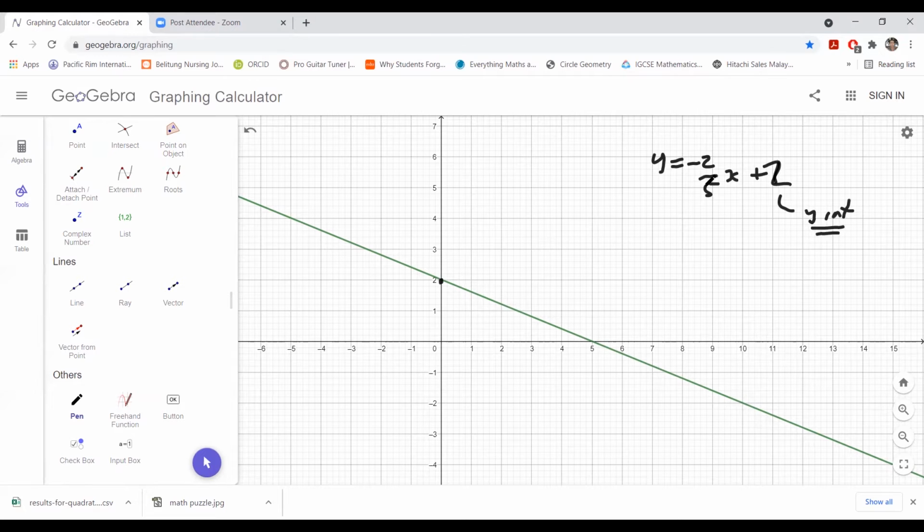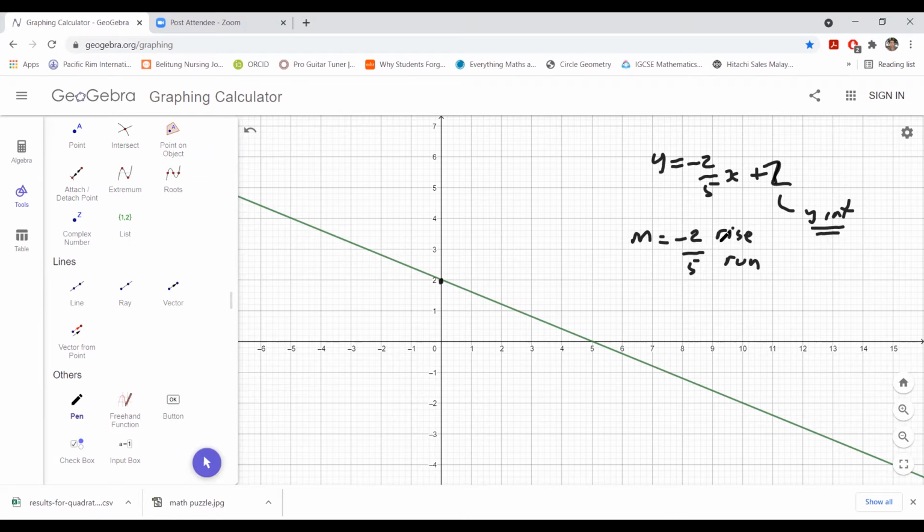Okay, now this is the slope, minus 2 on 5. So this is the rise, and this is the run. It doesn't matter whether the negative is the top or bottom. I'll leave it on the top. Okay. So now your rise here is negative.